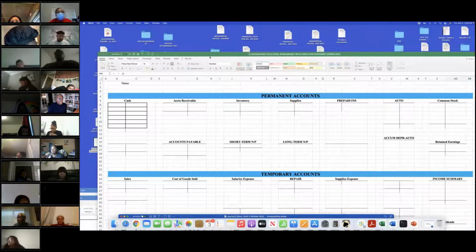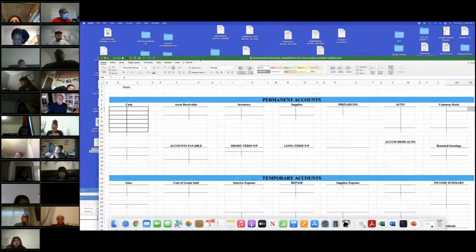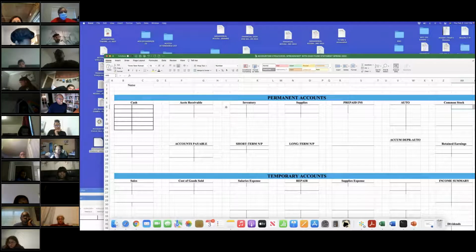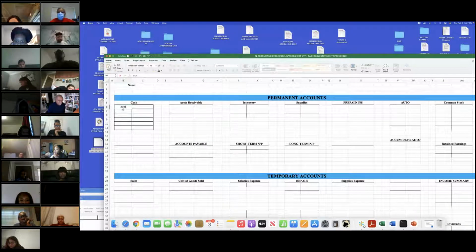So let's go back to that first journal entry that we made when we posted with Excel. How much cash was it? It was 20,000, correct? You're going to go in this little box right here and put a 1 that tells you that's journal entry 1.